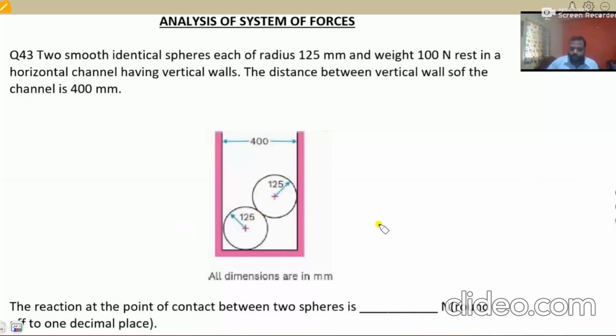First, we know that this is the ball having the radius.